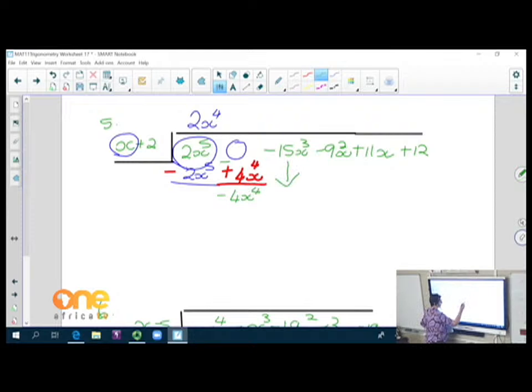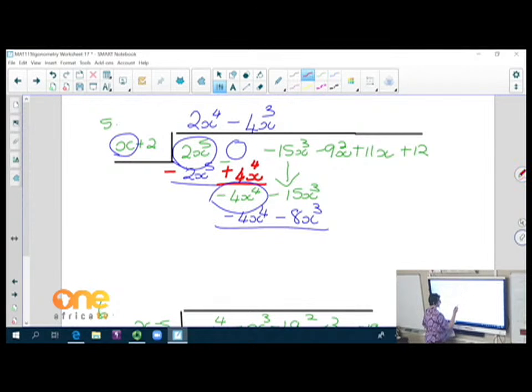Bring down the negative 15x to the power of 3. So I'm still going to look how many times will this one divide into this one. And that is negative 4x to the power of 3. Now we multiply, so it's negative 4x to the power of 4 minus 8x to the power of 3.